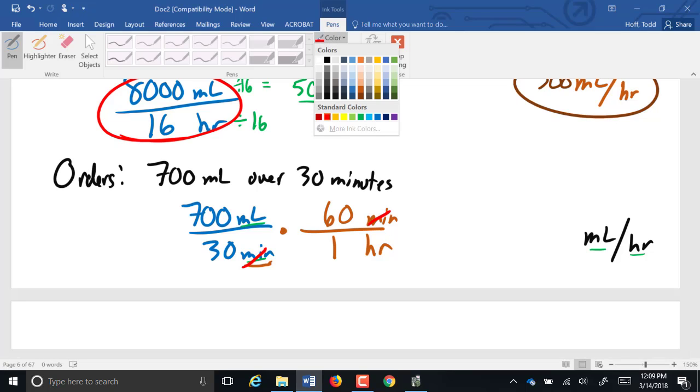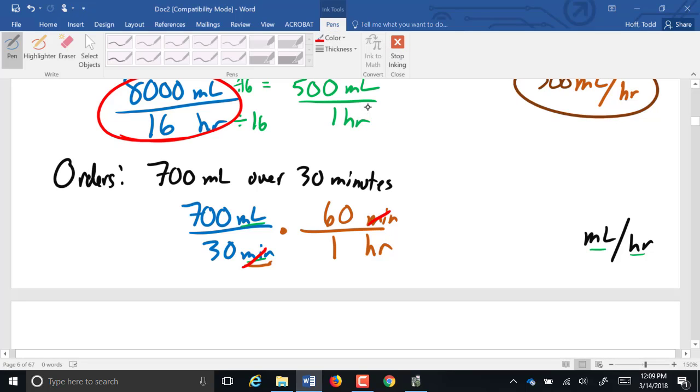Now, personally, I would do some cross canceling with the numbers here. If you wanted to, you could multiply this out and get 42,000 over 30 and divide it out. I'm going to divide out my 30 and 60, both divide by 30, giving me 1 and 2. 700 milliliters times 2 is 1,400 milliliters. 1 times 1 hour is 1 hour.